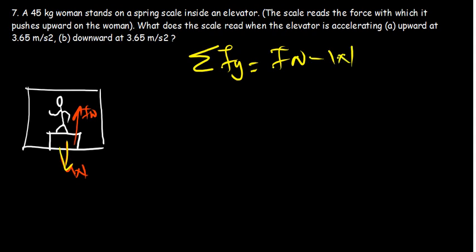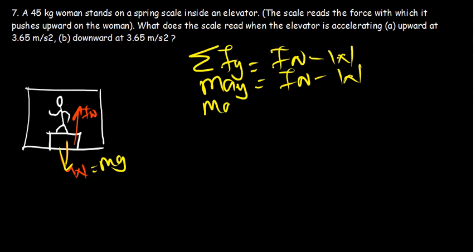Since it was moving, there is acceleration. It's going to be m a y, since it is acceleration in y direction, equals fn minus w. We know that weight is just basically mg, so I'm going to replace there. m a y is going to be fn minus mg.